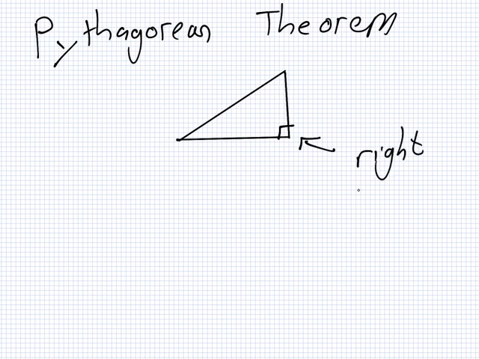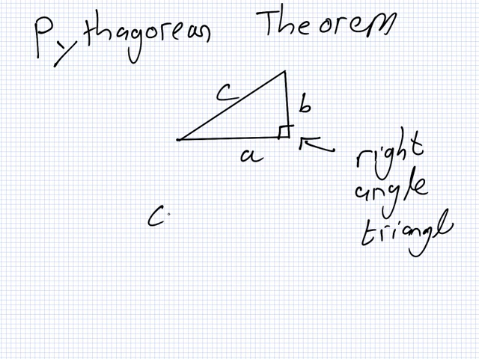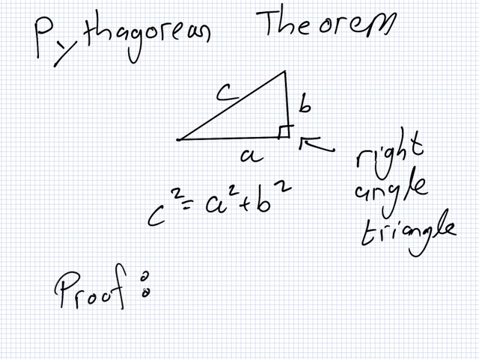A right angle triangle. And if this is A, this is B, and this is C, we have this. Everybody, I think, remembers this from middle school. What we're going to have a look at now is the proof of this since it's quite short.